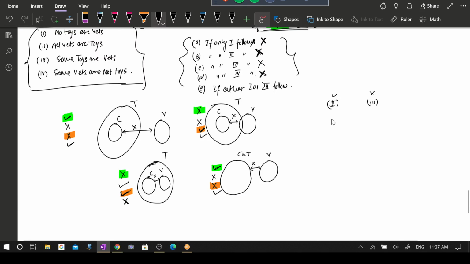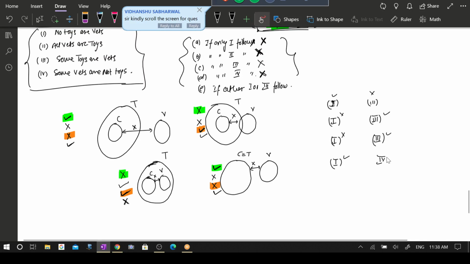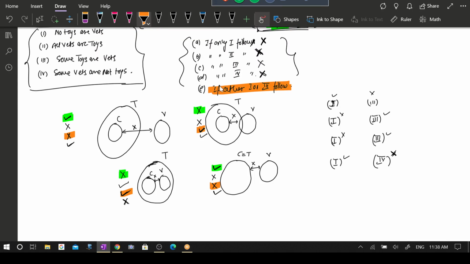Second diagram, 1 is not following, 3 is following. Third diagram, 1 is not following, 3 is following. Fourth diagram, 1 is following, 3 is not following. So don't you think either 1 or 3 follows?